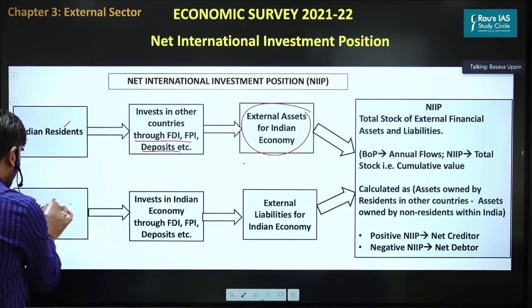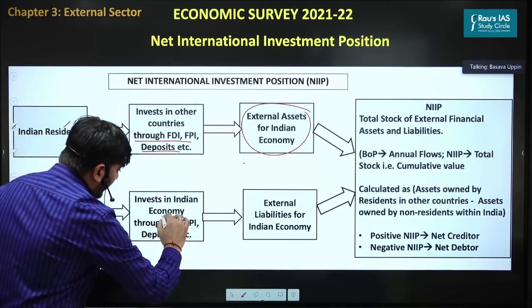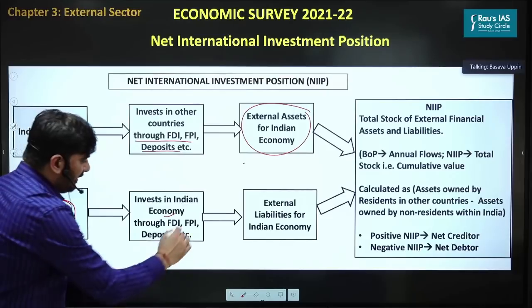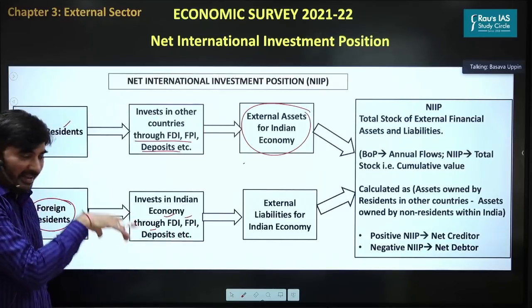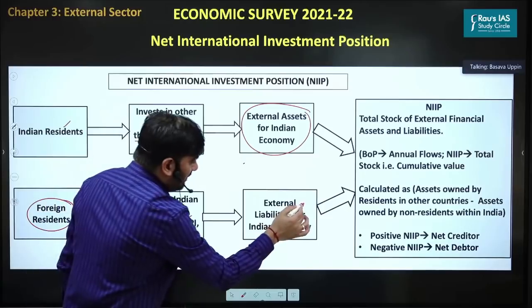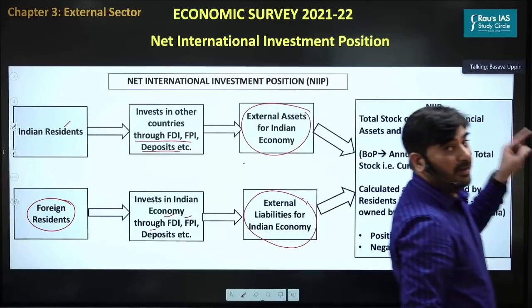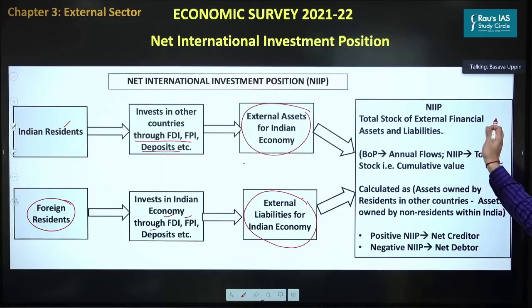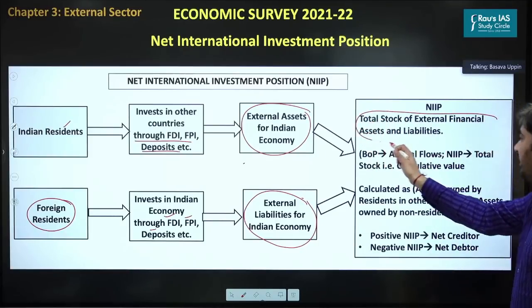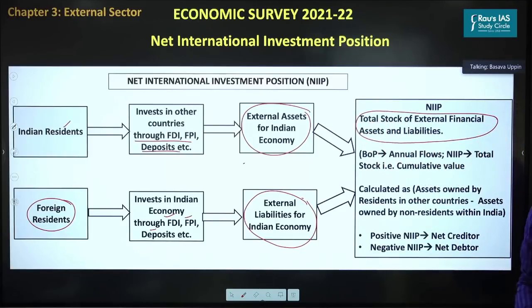Similarly, foreign residents may make investment in terms of FDI, FPI, or they may make deposits in the Indian economy, and they become our external liabilities. So NIIP tells us the total stock of our external financial assets and liabilities.